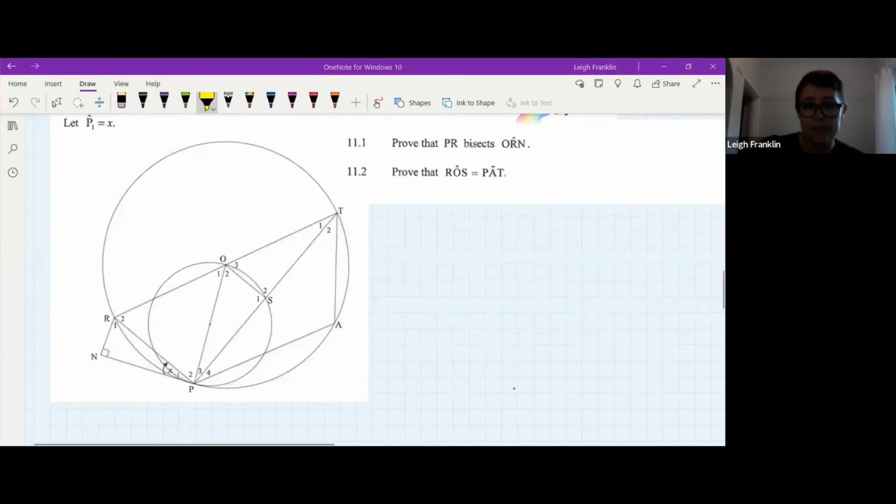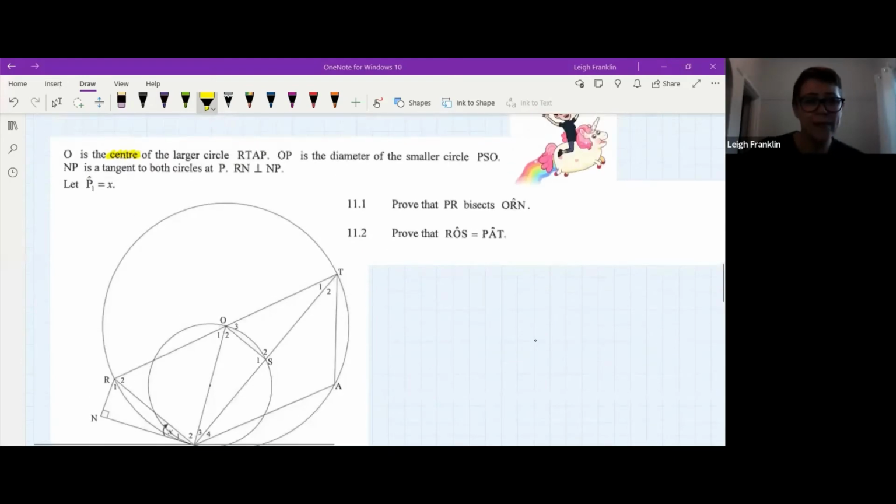We have a diameter as well. We certainly do. When we see the word center, we start thinking of all the theorems that have the word center in them. So it could be angle at center is twice angle at circumference, for example. I'm not sure if we're going to use that in this case, but we may do.